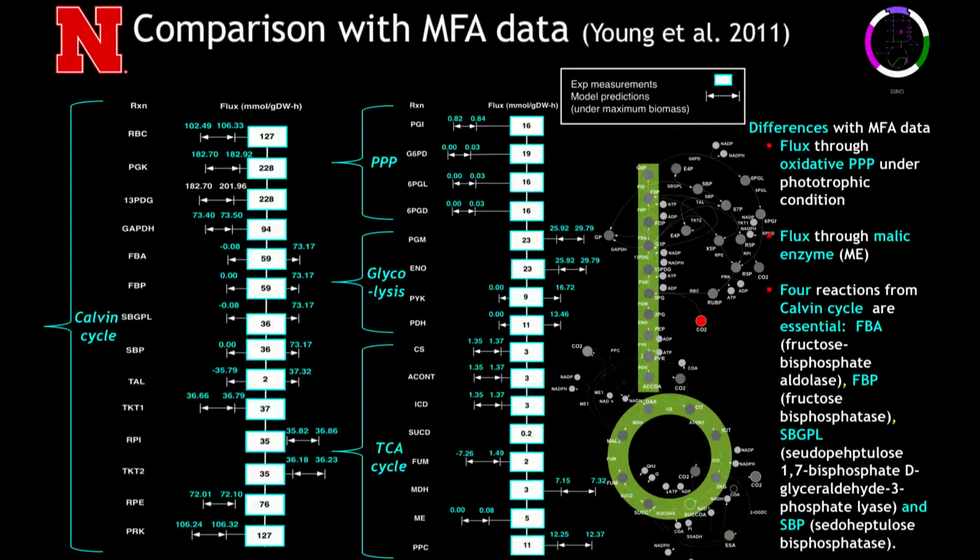These are experimentally measured fluxes, and the ranges that you are seeing here, that is the range that you will get from the flux variability analysis, as we have done in the class. We minimized, maximized a flux, and we know that these are the possibilities. A reaction can take any of these values, but we know that given the condition, given the nutrient uptake, it will not assume any other values.